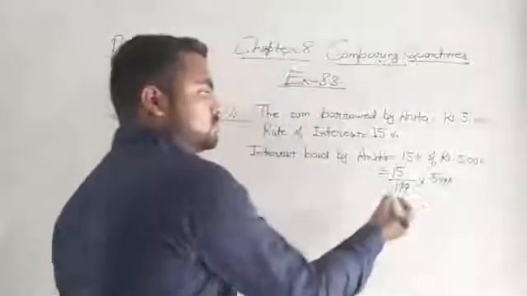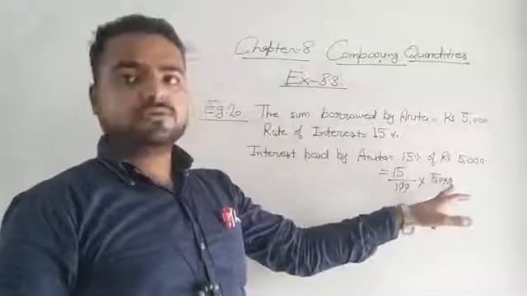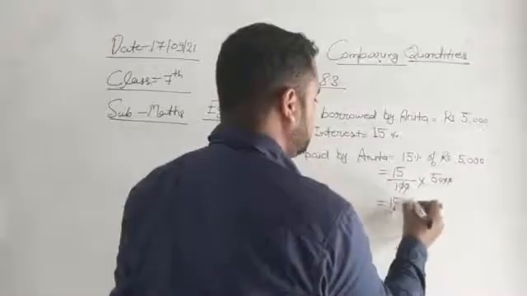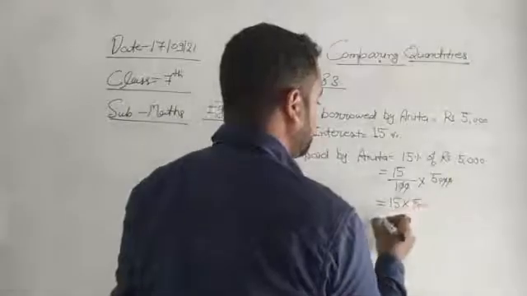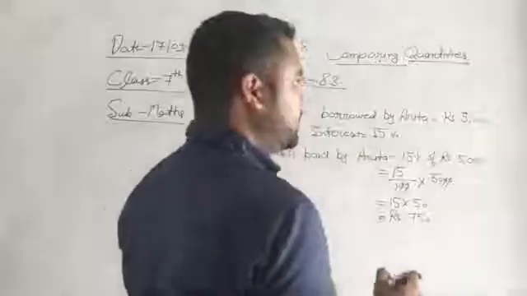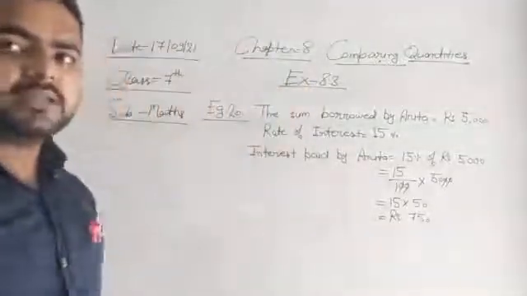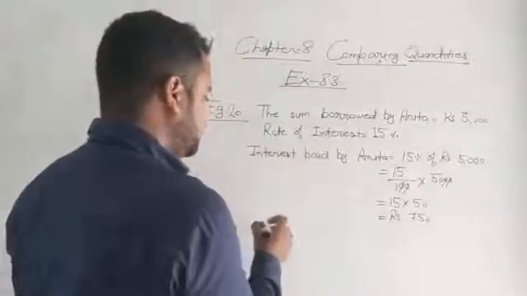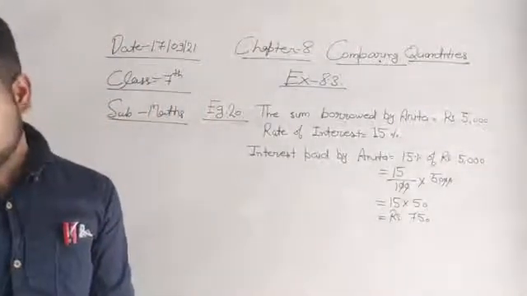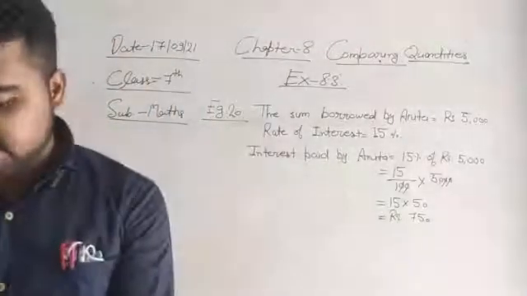So this 20 is cancelled by this 20, and here 15 into 50. So here rupees 750. 750 rupees is the interest paid by Anita. So what is asked? Yes, only interest is asked.